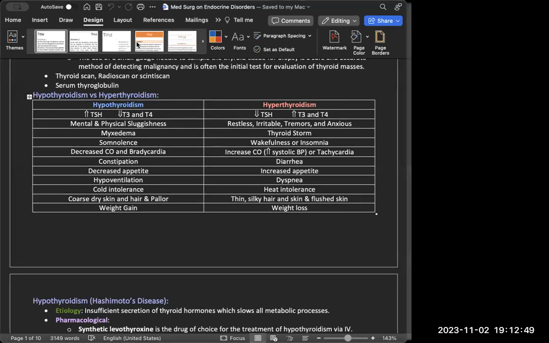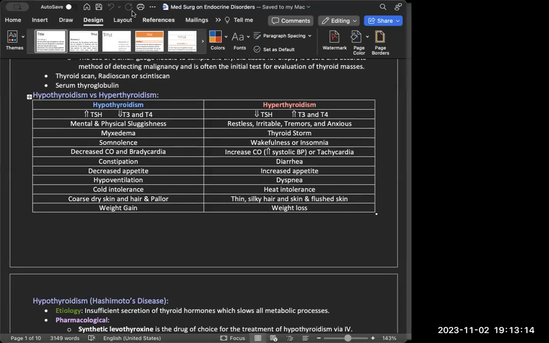So we have mental and physical sluggishness, myxedema coma, somnolence, decreased cardiac output, bradycardia, constipation, decreased appetite, hypoventilation, cold intolerance, coarse, dry skin, hair and pallor, and weight gain.